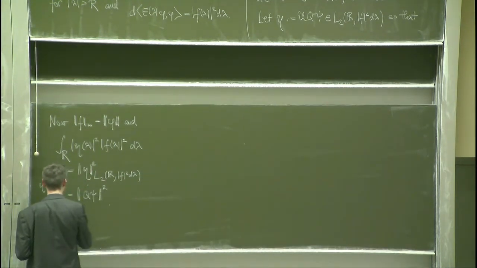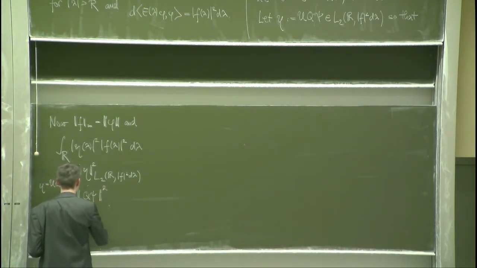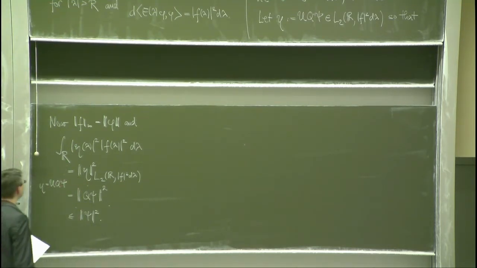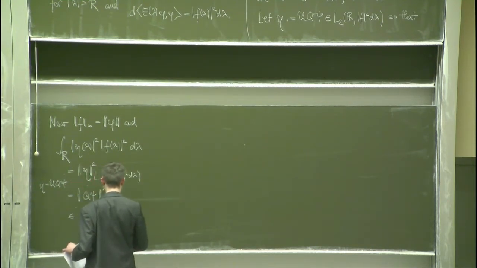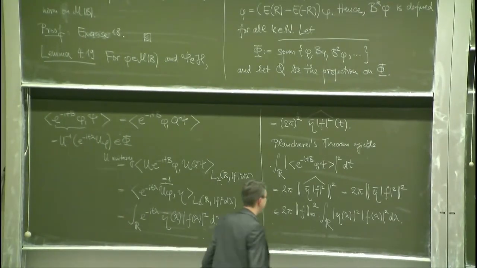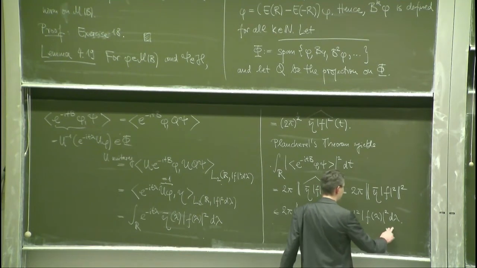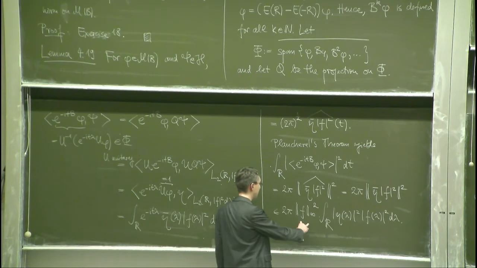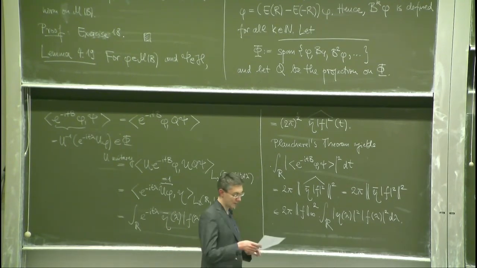And this, of course, can be estimated because this is a projection by the norm of psi to the power of 2. And then we are done. If you look back to the other blackboard, here we can estimate this integral with the norm of psi to the power of 2, and this is the triple norm of phi to the power of 2. And then you have the factor 2 pi, and this is exactly what the lemma stated. So we are done here.